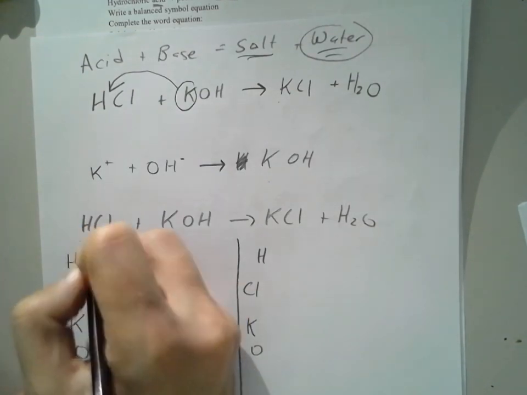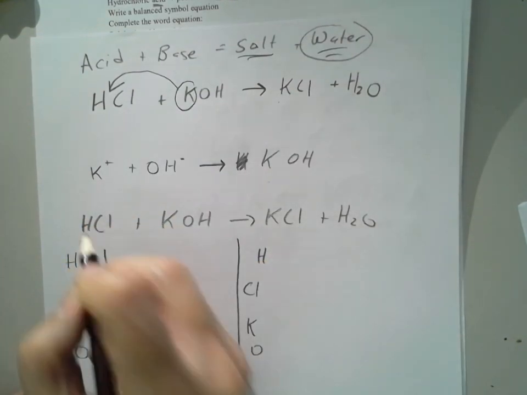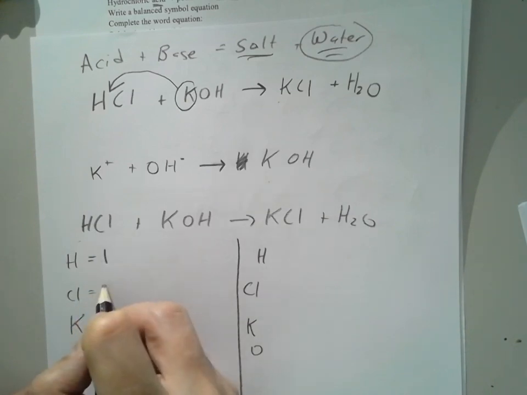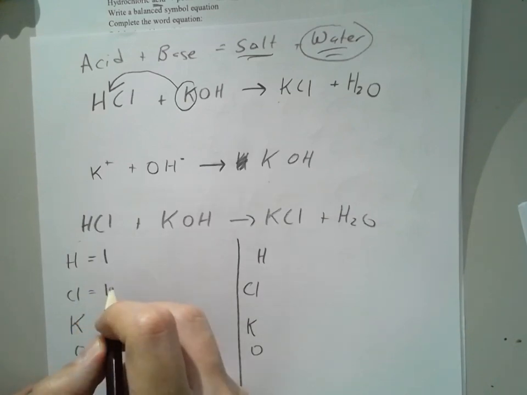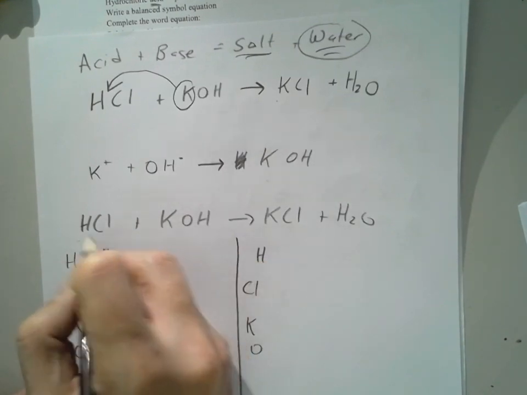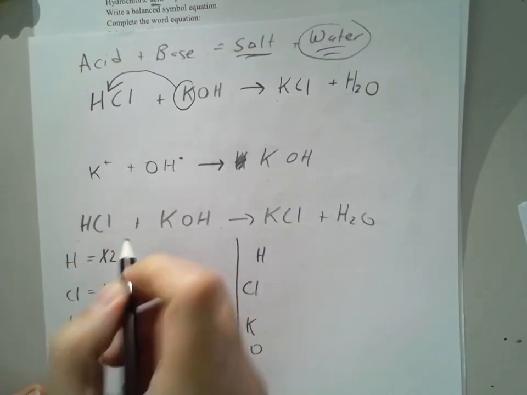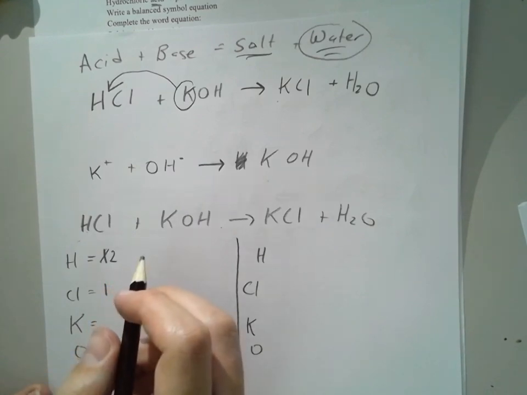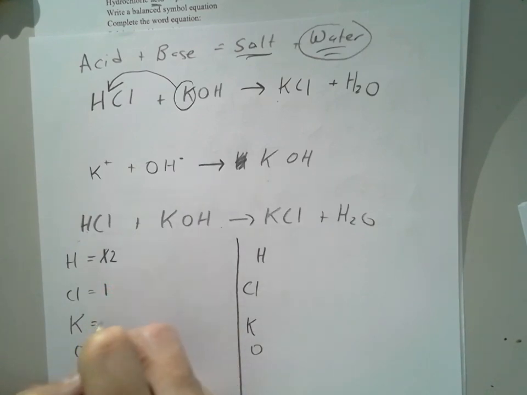Let me count how many hydrogens there are. Oh, sorry, there are two hydrogens because there's one there and one there. So that's two there. There's one K and one oxygen.